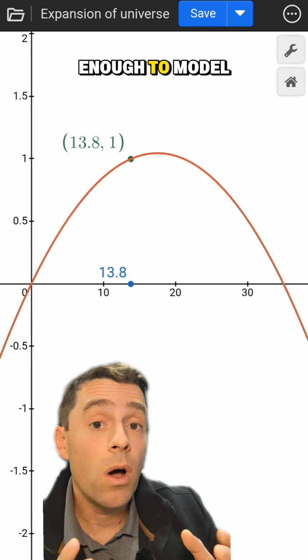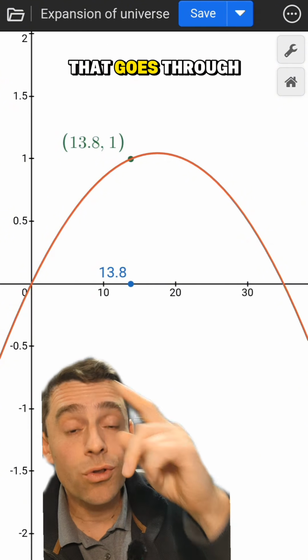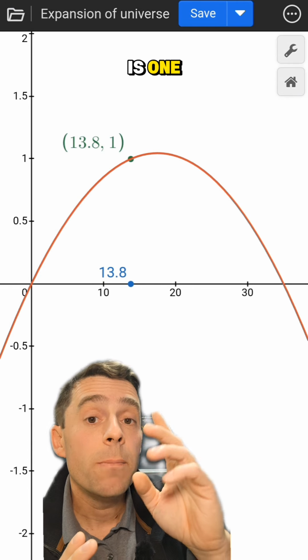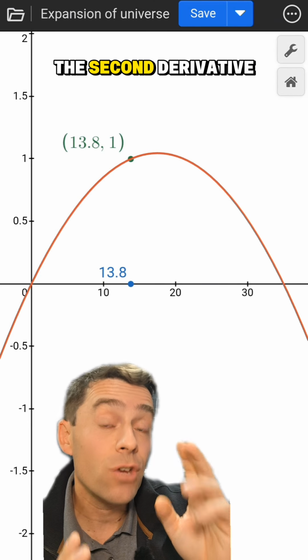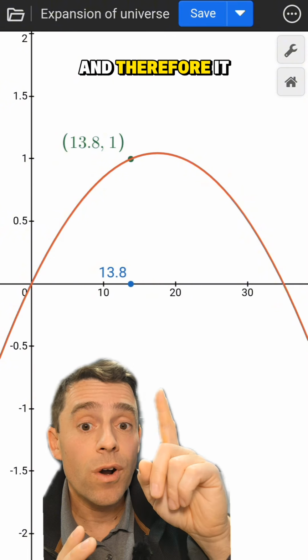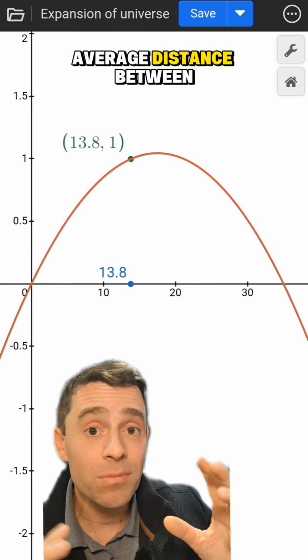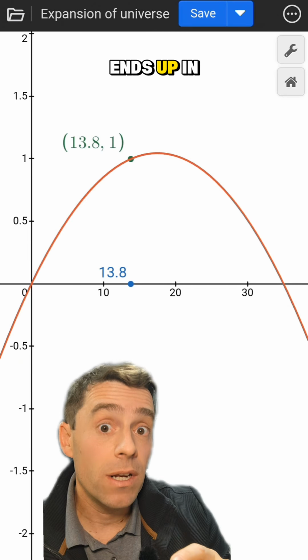This is simple enough to model using a quadratic polynomial with a parabola for a graph that goes through the origin. So through the Big Bang, at 13.8 is 1, but the expansion is already decreasing because the second derivative is negative, and therefore it will reach a maximum size or a maximum average distance between galaxies before it starts to contract and ends up in a big crunch.